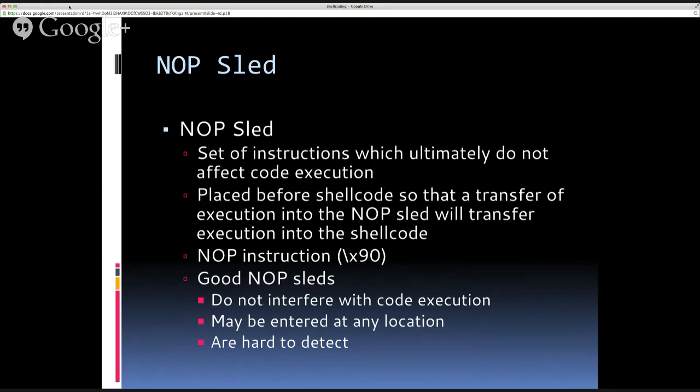The no-op opcode is hex 90, a single-byte instruction that does nothing. This would be placed before your shellcode, so that if you transfer somewhere into the buffer and land in the NOP sled, it will eventually transfer execution to your shellcode, which performs whatever function you're trying to do.